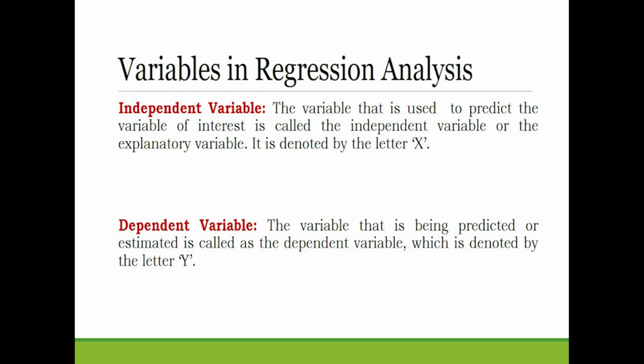The variable which is being predicted or estimated is called the dependent variable. Because we are doing an analysis, these two variables are presented in the form of a regression equation, wherein they have to be denoted by some letters. In the equation, the independent variable is denoted by the letter X and the dependent variable is denoted by the letter Y.